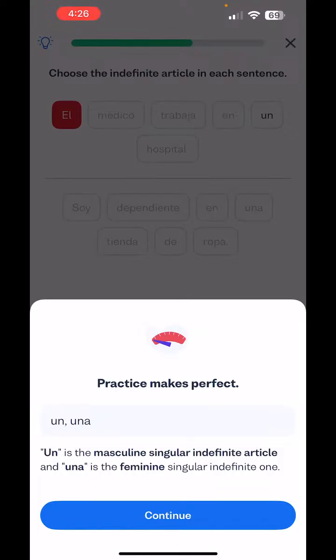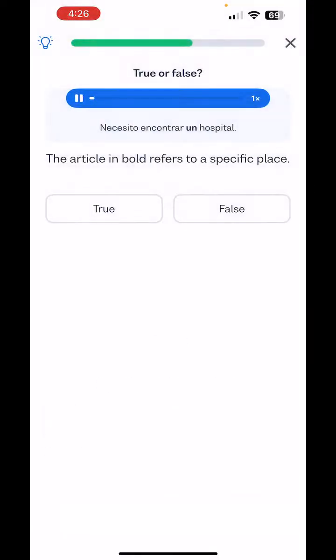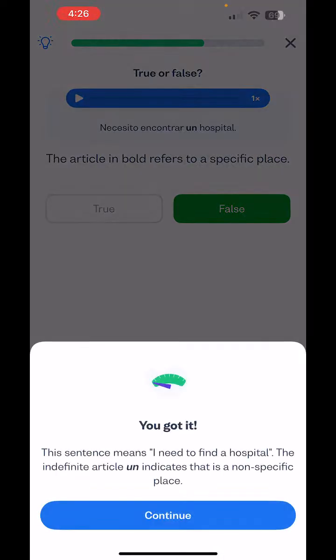So what am I supposed to... Oh, they want me to choose the... Oh, okay. So the definite is the, but a, okay. Necesito encontrar un hospital. So that is not a specific place. It's any hospital. That's basically what they're saying.